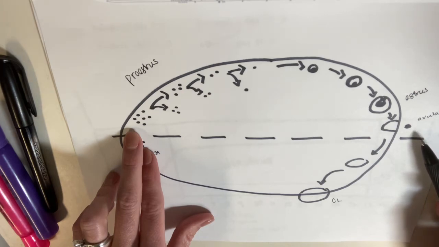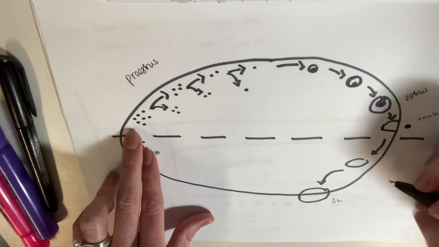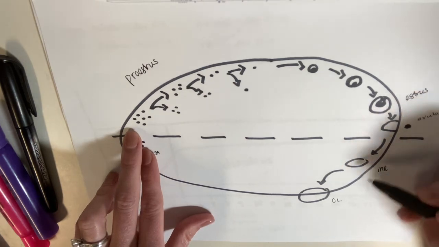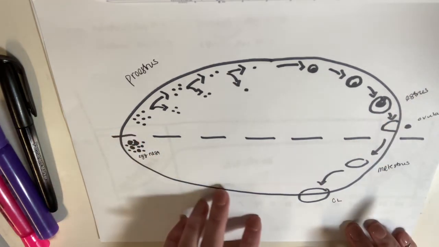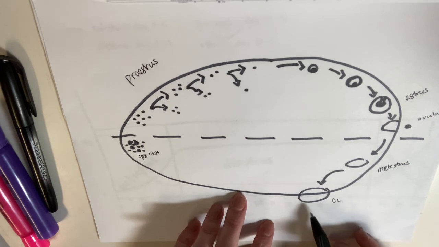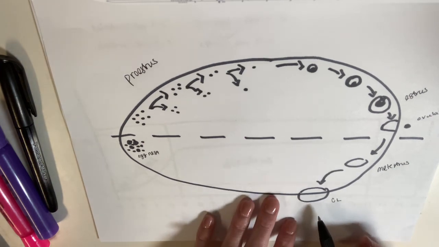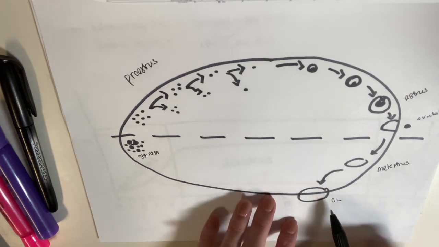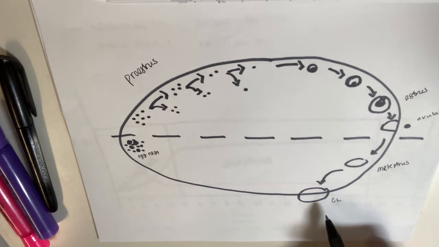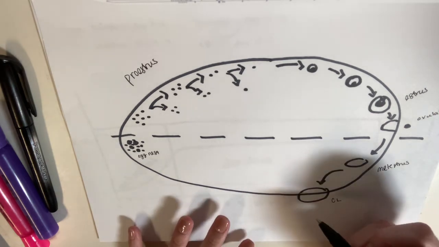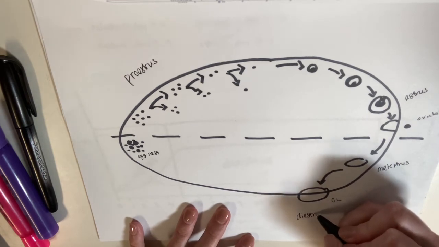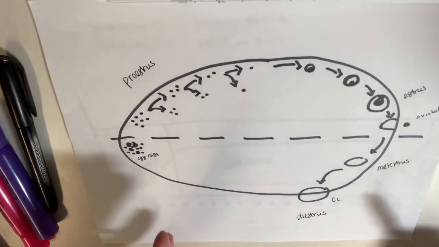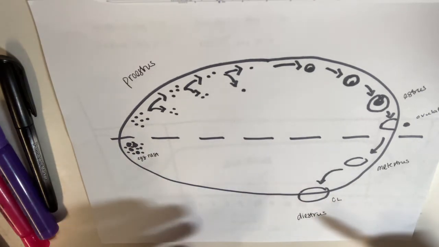Now, after estrus, we're going to lead into met-estrus as we prepare for our CL. And then lastly, diestrus would be from the point where the CL forms to when it regresses. So right in here, we're going to have diestrus. Again, this just helps give you a visual of what's happening in the ovary.